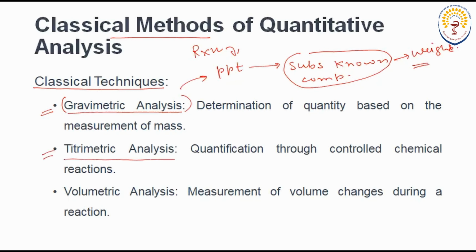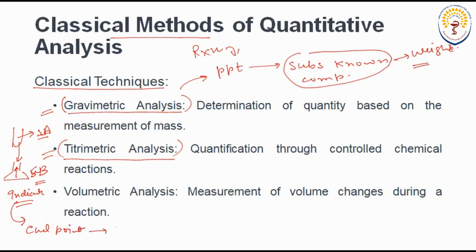The second is titrimetric analysis. In titrimetric analysis, we perform a titration. Let's say we have a strong acid in the burette, and we have a strong base in the conical flask. We will react these two, and there will be an indicator. After the reaction between the strong acid and strong base is completed, the indicator will change its color at the end point, and at the end point you take the burette reading.